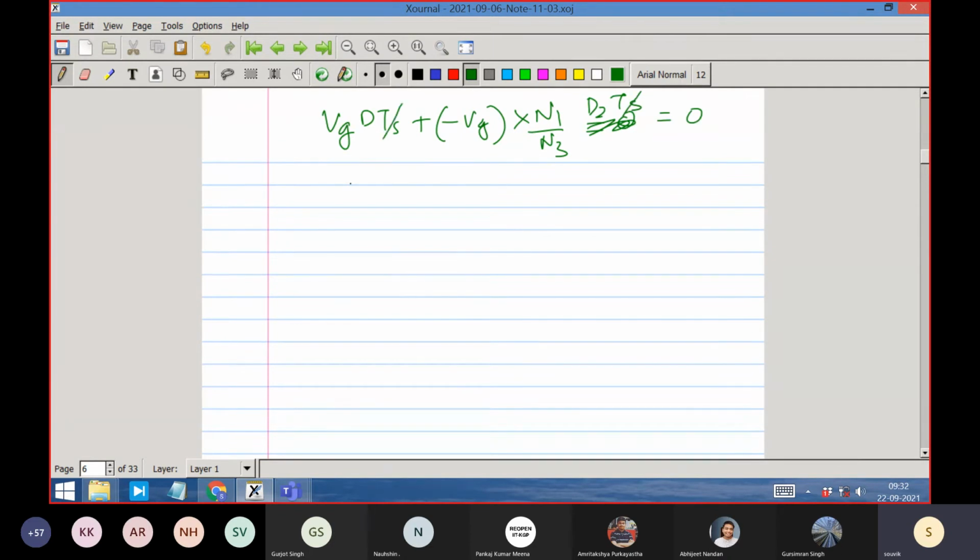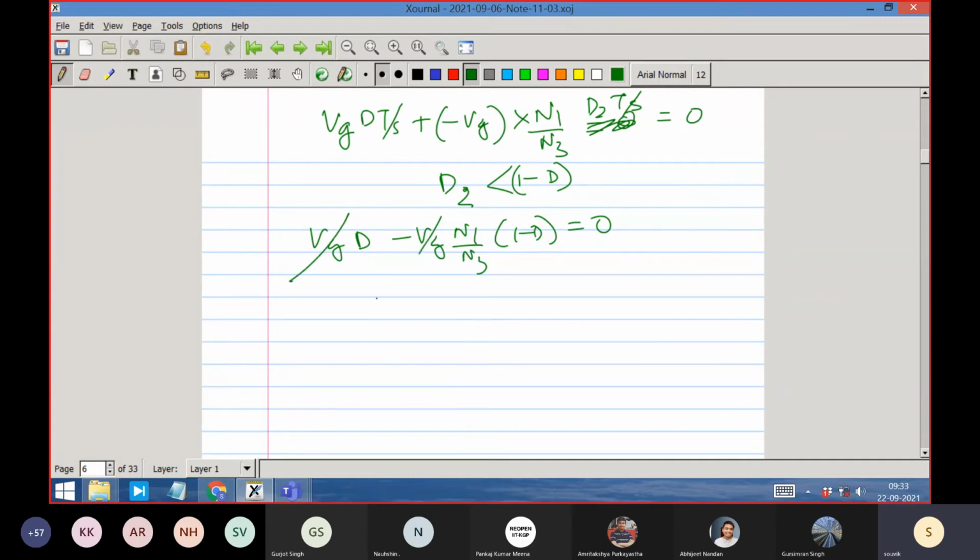So what you are getting is that I want d2 to be less than 1 minus d, right? This is when the volt-second balance will happen. So at the extreme case, it is Vg into d minus Vg into N1 by N3 into 1 minus d is equal to 0. So Vg cancels.